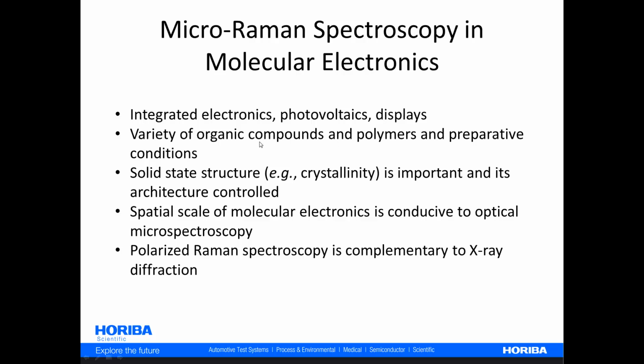You have a variety of organic compounds and polymers, as well as preparative conditions that are used. So the chemistry and the solid state structure are far more complex in molecular electronics than in, say, silicon circuit fabrication.